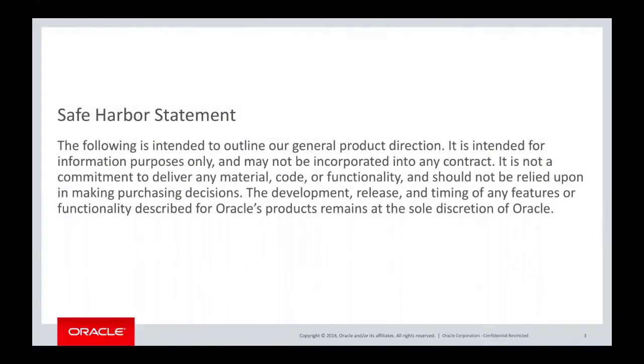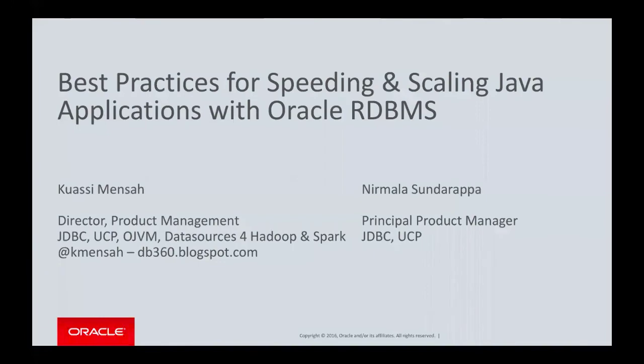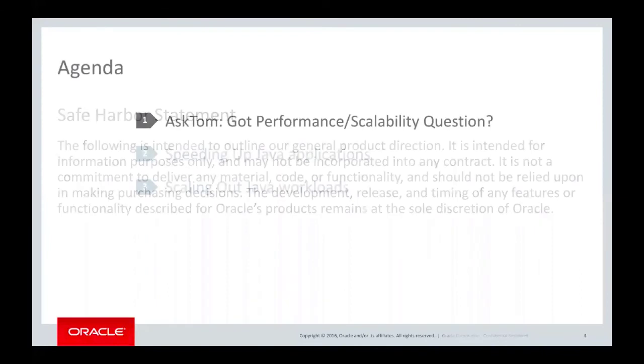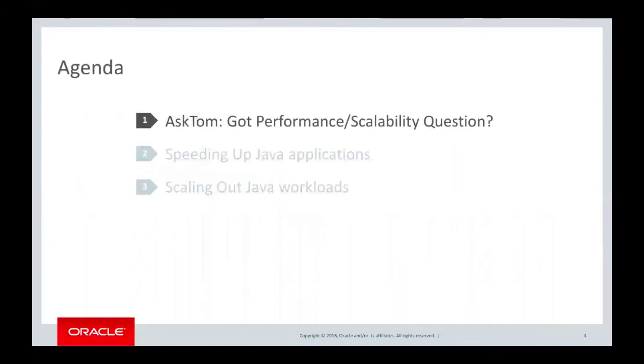Today we're going to talk about spinning up and scaling out Java applications. We really hope that you're going to ask a question. The main purpose of this event, the Ask Tom series, which we're going to do every month, is to be available so you can ask any question.